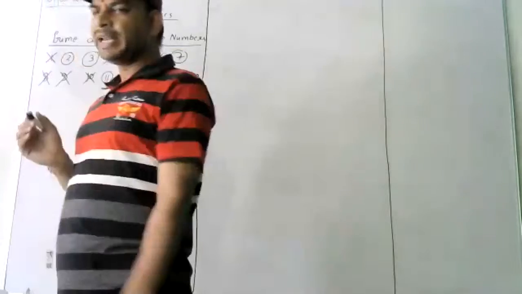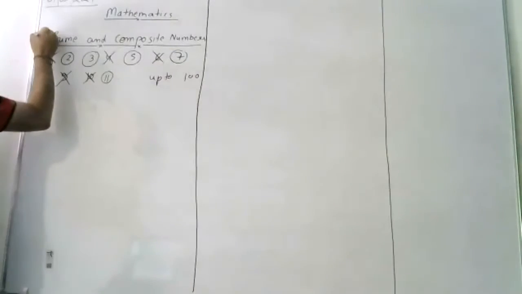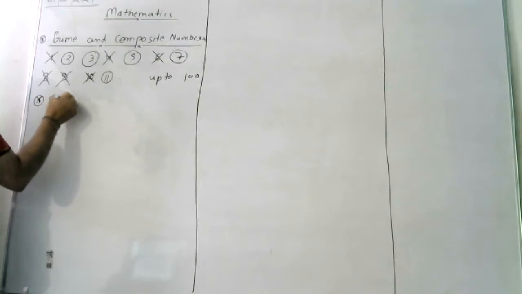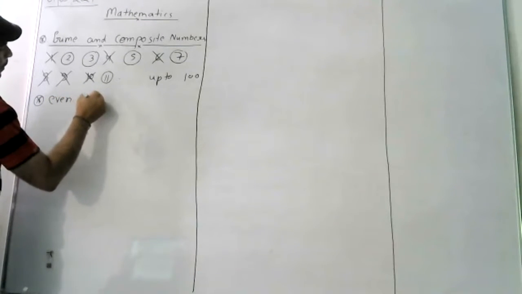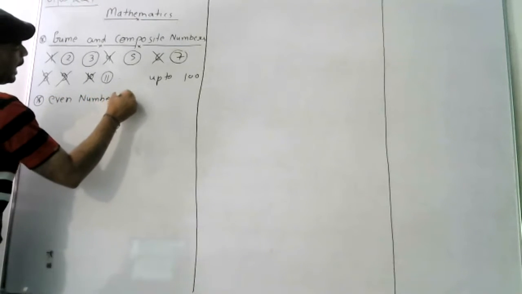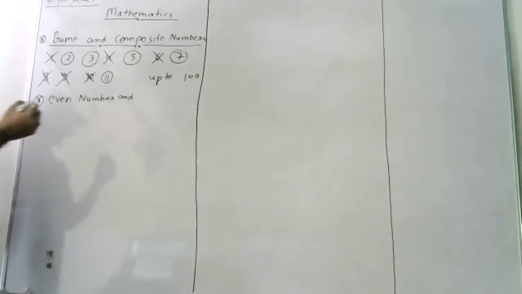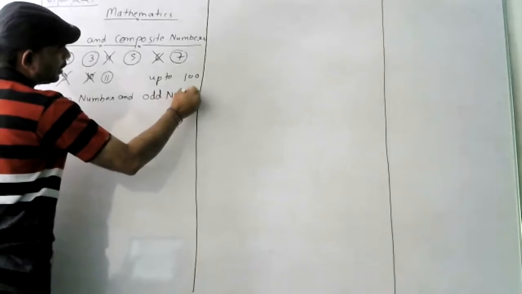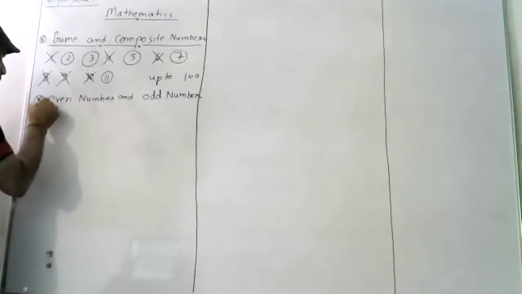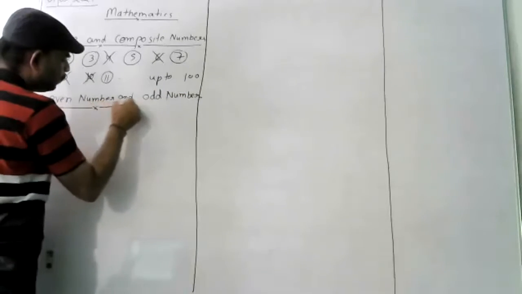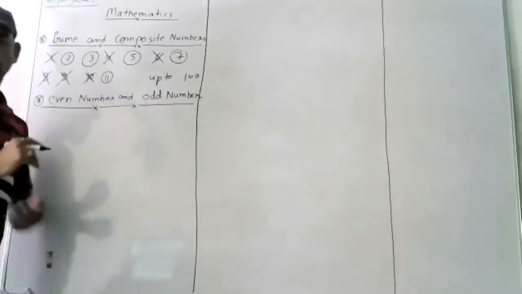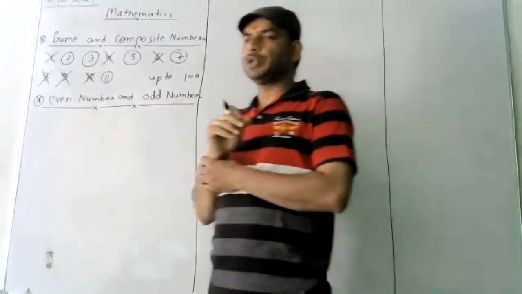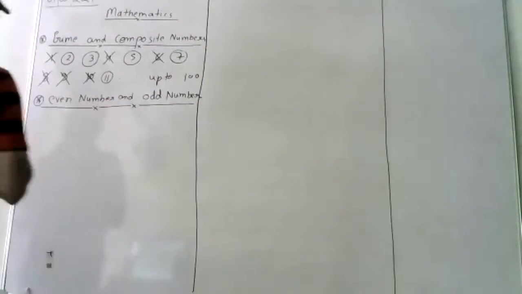Next topic is even and odd numbers. A number which is divisible by 2 is called an even number, and a number not divisible by 2 is called an odd number.